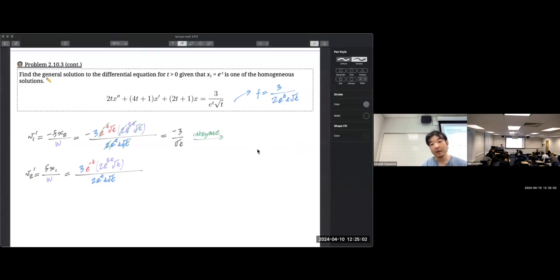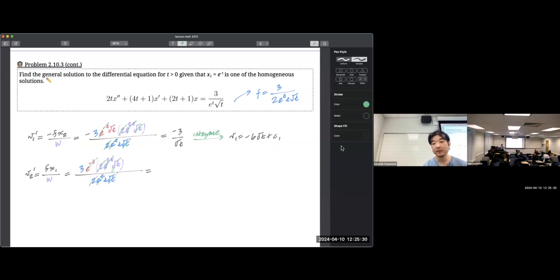If you integrate this, you'll end up getting that your v1 is equal to -6 square root of t plus c1. Because this is t to the half, pull it down, becomes -3, and then goes to -2. So that's good. And then this one, the e to the 2t times e to the negative t becomes e to the positive t, but there's one on the bottom, just like before. 2's cancel, the square roots cancel.